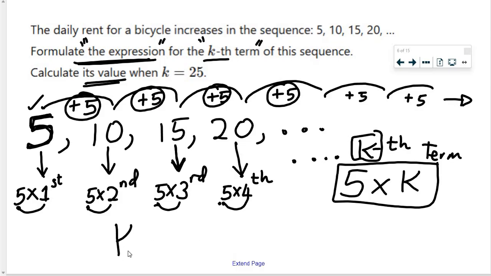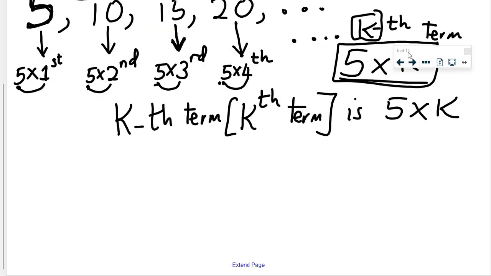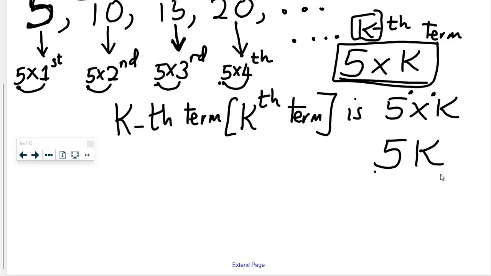So we write that the kth term is 5 into k. And also, you can omit this multiplication sign and let it stay as 5k. The same thing. So 5k simply means 5 into k.